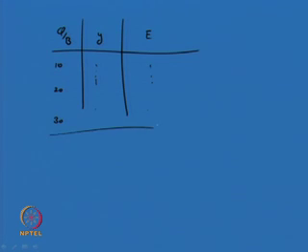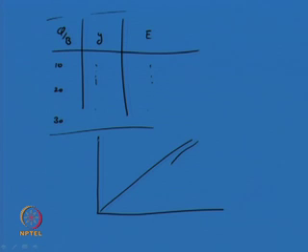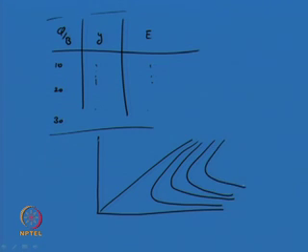If you compute them, you will get the following type of E versus y curve for different values of q by b: q by b 1, q by b 2, q by b 3, q by b 4, like that you can draw it.